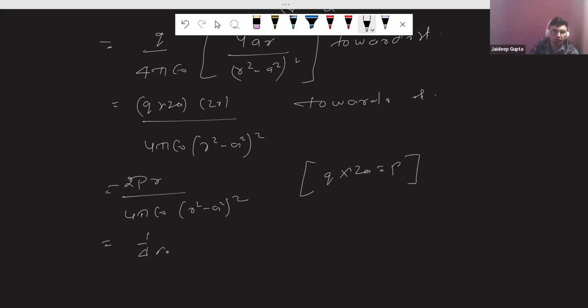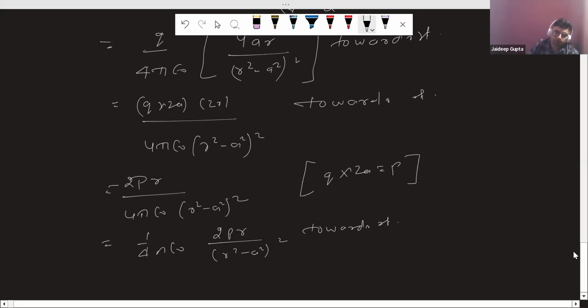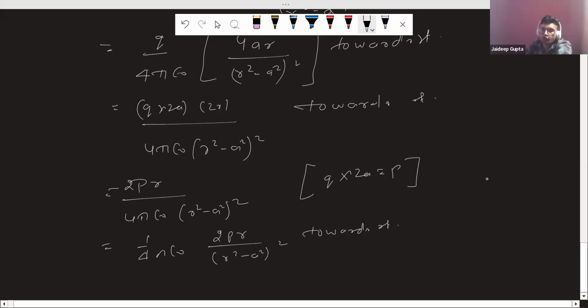So 1 over 4 epsilon 2PR over R square A square whole square. Now towards right. So net electric field at an axial point is towards right.